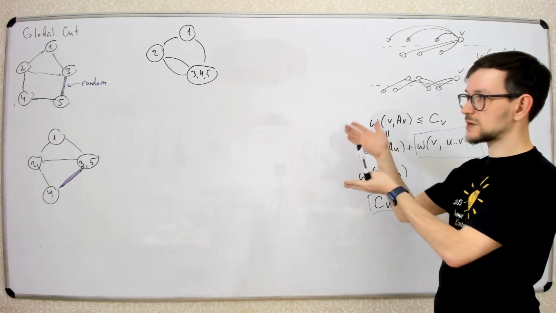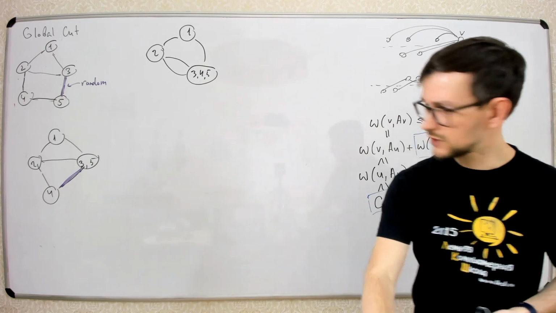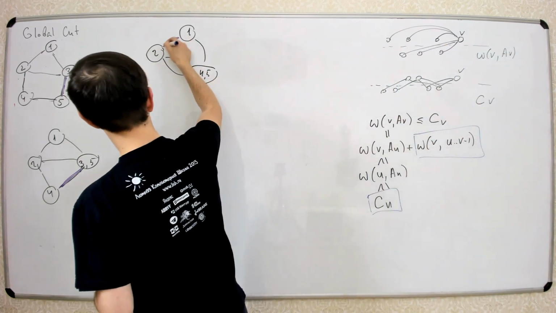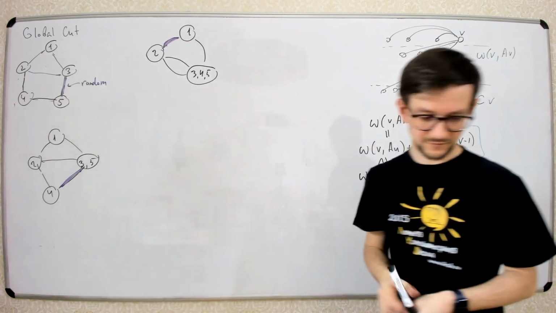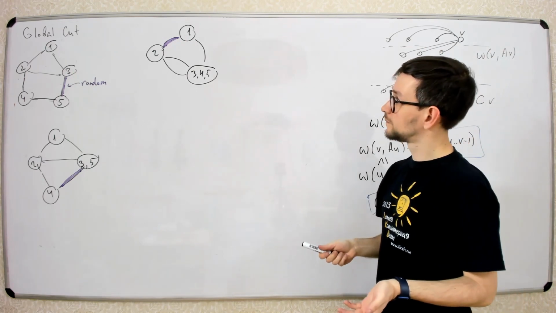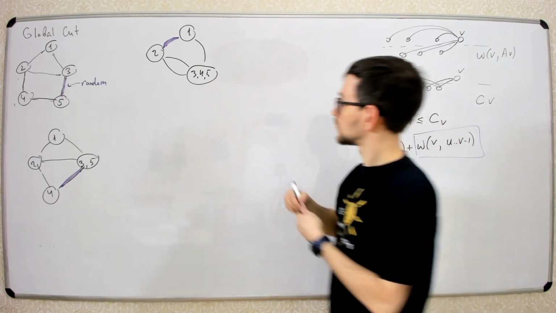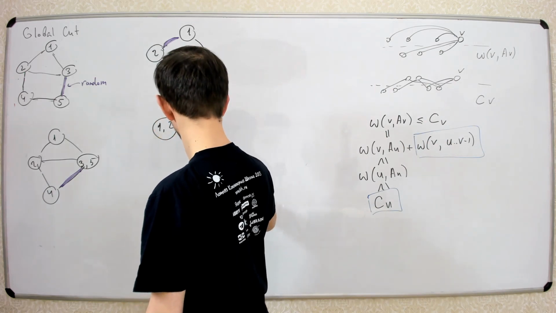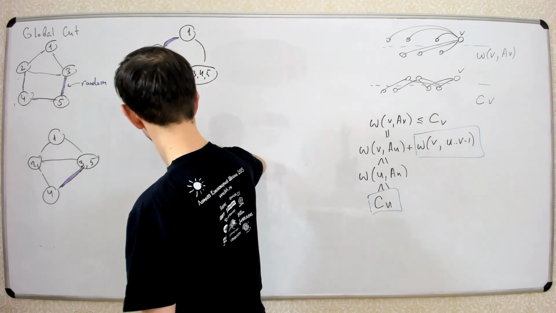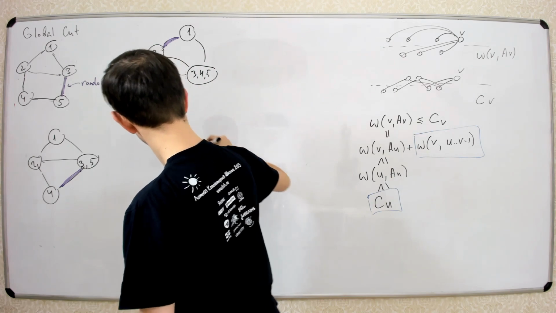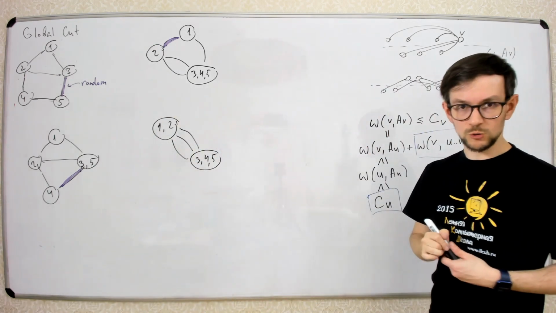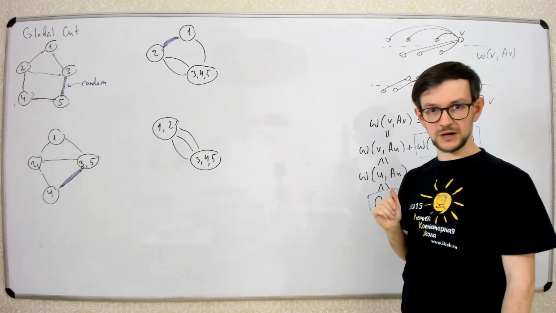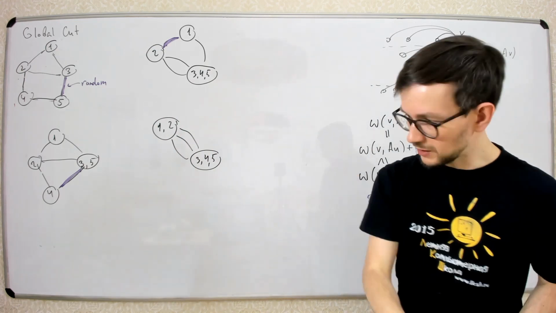And now again, you have some graph. Let's pick some random edge and just merge these two nodes into one. Now, when you have only two nodes, it's easy to find the minimal cut. So for this graph, minimal cut is 3.